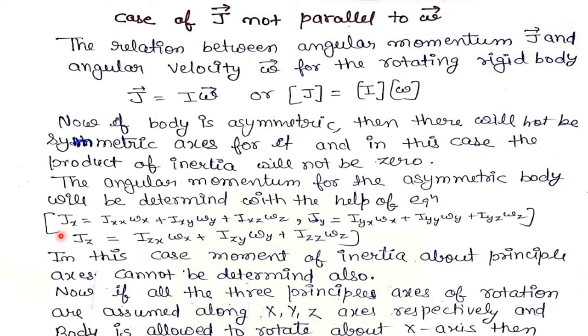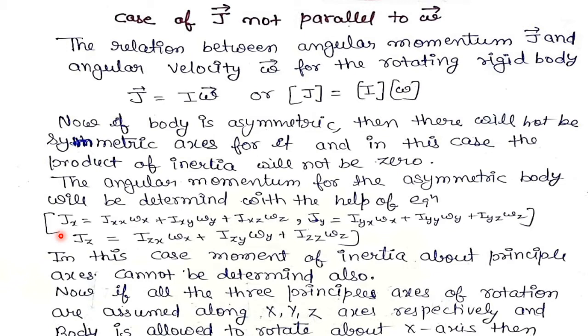Now, if the body is asymmetric, then there will not be a symmetric axis for it, and in this case the product of inertia will not be zero. The angular momentum for the asymmetric body will be determined with the help of the equations we discussed in the last video, lecture 2.